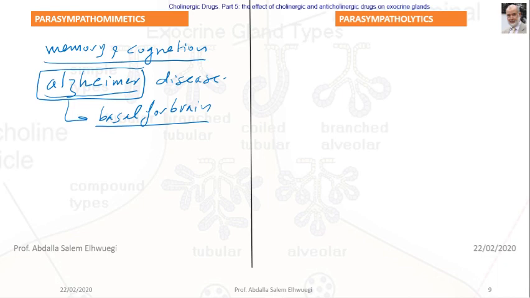That's why drugs which increase the level of acetylcholine centrally are used for treatment of Alzheimer disease nowadays, like rivastigmine and donepezil.